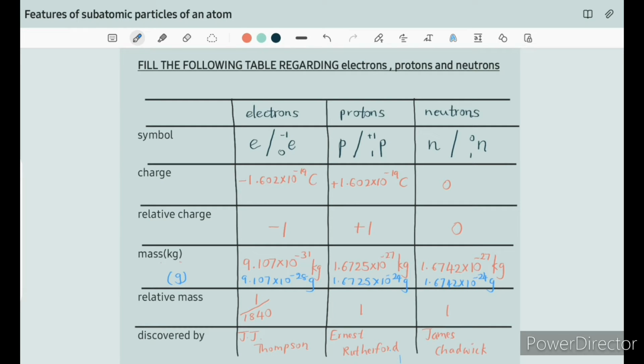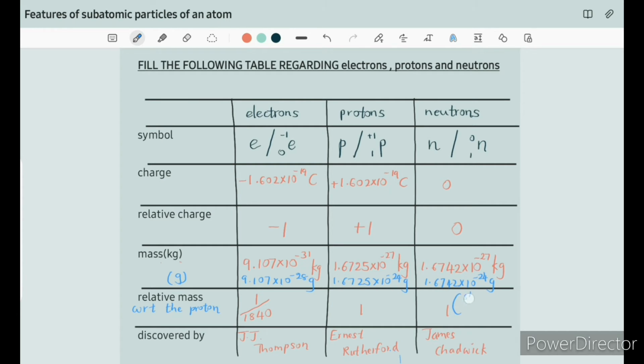When writing the relative mass of a subatomic particle, we write it with respect to the mass of the proton. Therefore, the relative mass of proton with respect to the mass of proton is definitely 1.